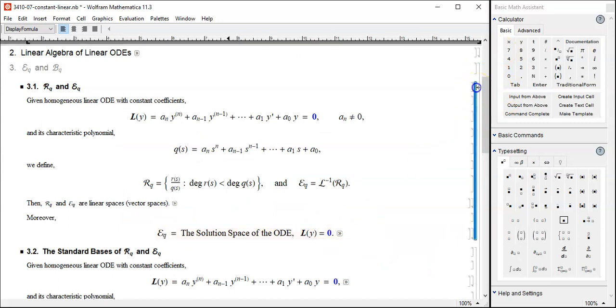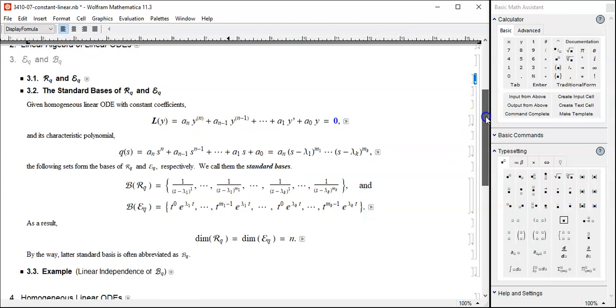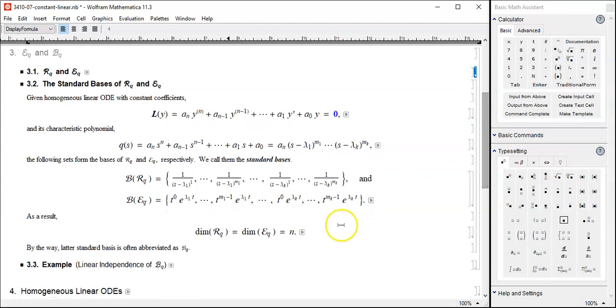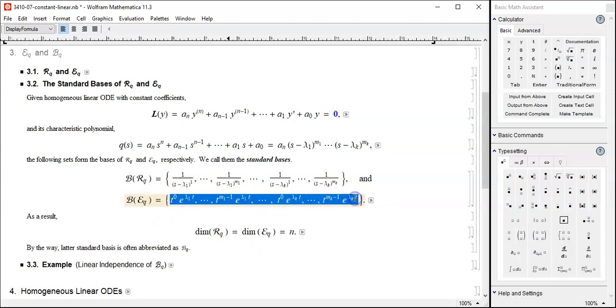So any solution of the homogeneous linear ODE, L of y equal to 0, will be represented as a linear combination of these basis functions uniquely. That's something we are going to establish in a separate video, but once you do that, then basically you get everything. Any solution of the homogeneous linear ODE can be written as a linear combination of these, and vice versa.